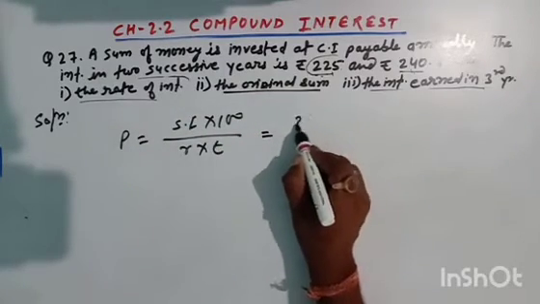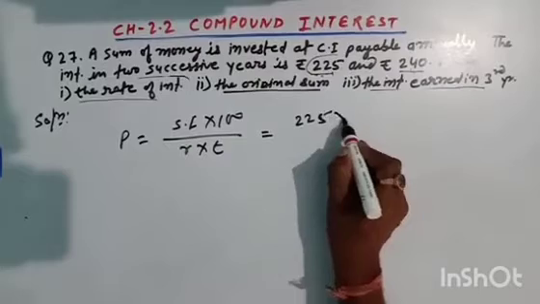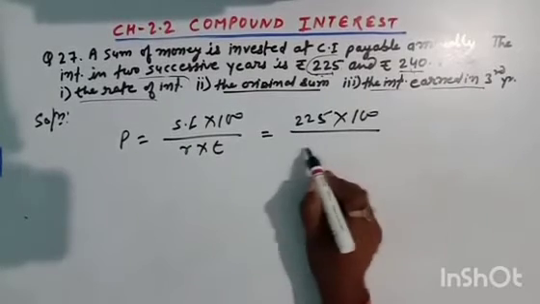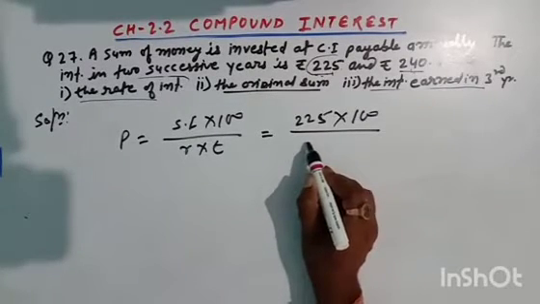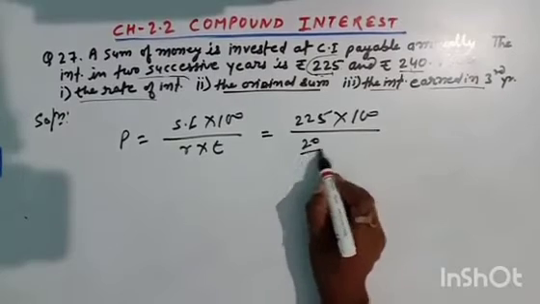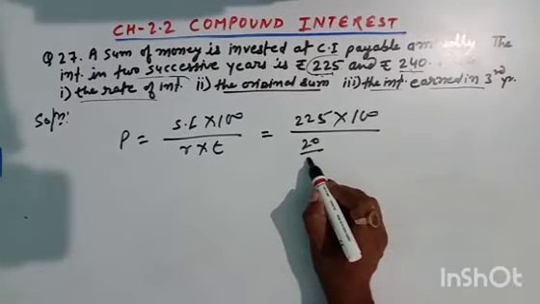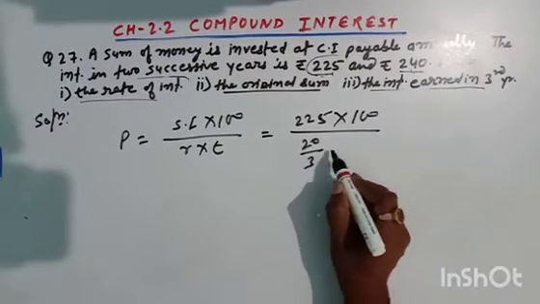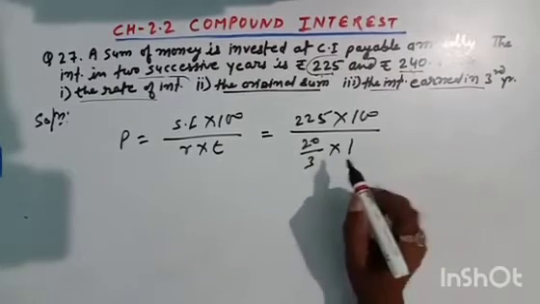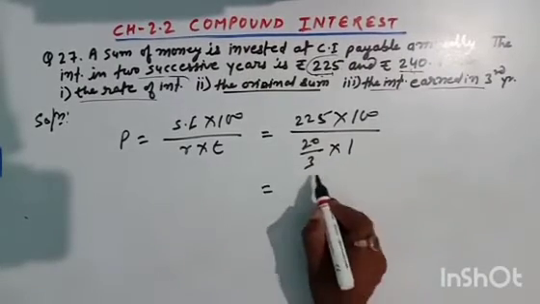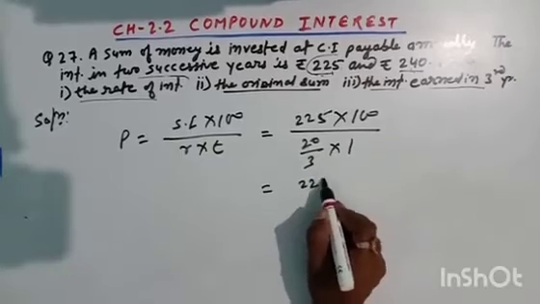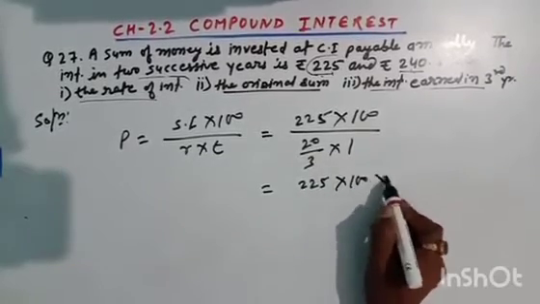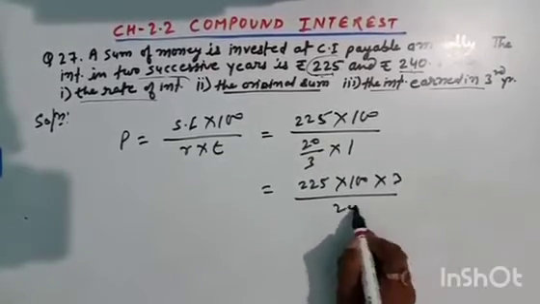SI is 225 into 100 divided by R, which is 20 by 3, and time is 1 year. Shifting, we get 225 into 100 into 3 divided by 20.